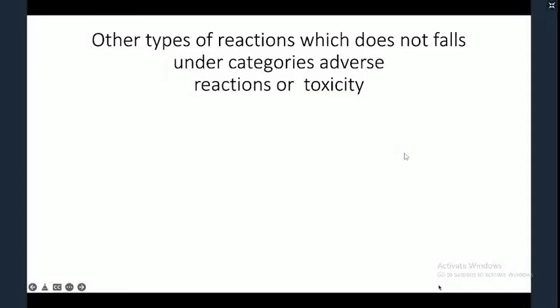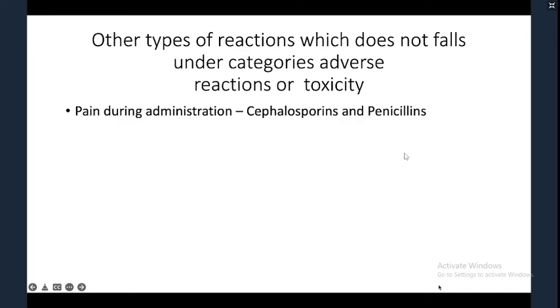Other types of reactions which do not fall under the categories of adverse reactions or toxicities are also common in the clinical setting. One example is you get excessive pain when you are administered certain antibiotics, for example cephalosporins and penicillins. This is common in Western countries where you give cephalosporins or penicillin through a peripheral line, and the patients will scream in pain.